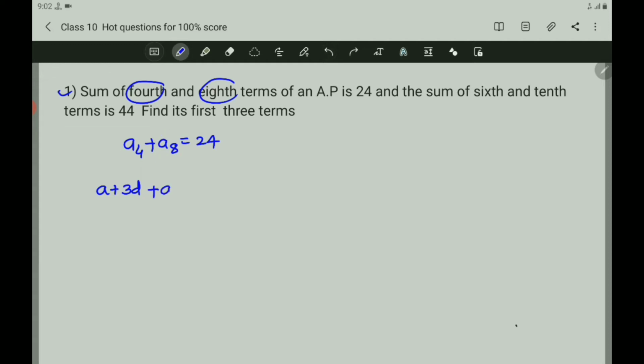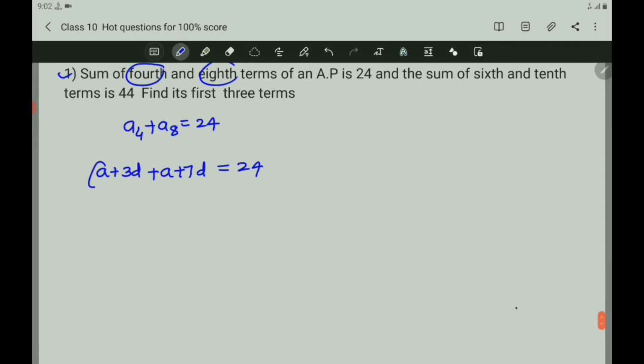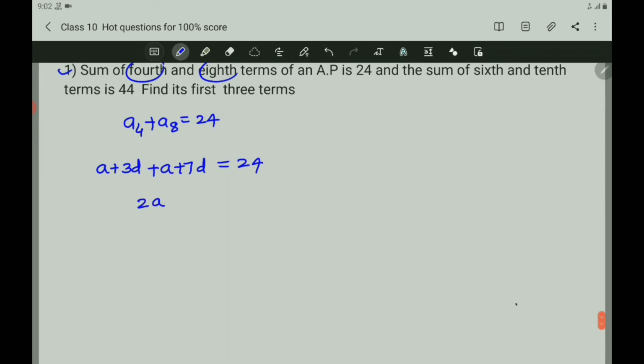A8 is A plus 7D. A4 is A plus 3D and A8 is A plus 7D, that equals 24. Now you add A and A: you will get 2A plus the sum of 3D and 7D. 3D and 7D sum is 10D, that equals 24.